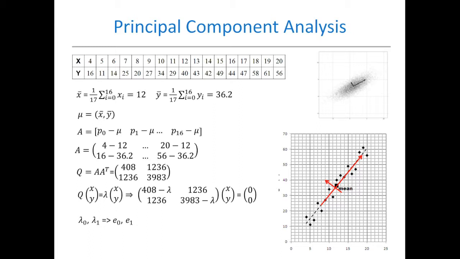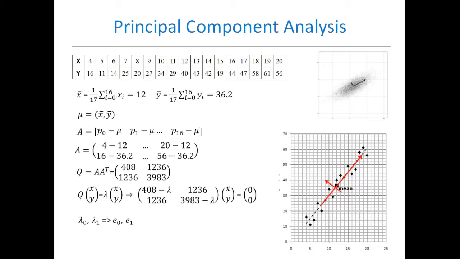Now we create a new matrix Q, and we're looking for Q multiplied by xy, because we are taking this example in 2D. In 3D, it will be very similar, but will give us a 3 by 3 matrix. In 2D, we can solve this easily. So we get Q multiplied by xy equal to lambda multiplied by the vector xy.